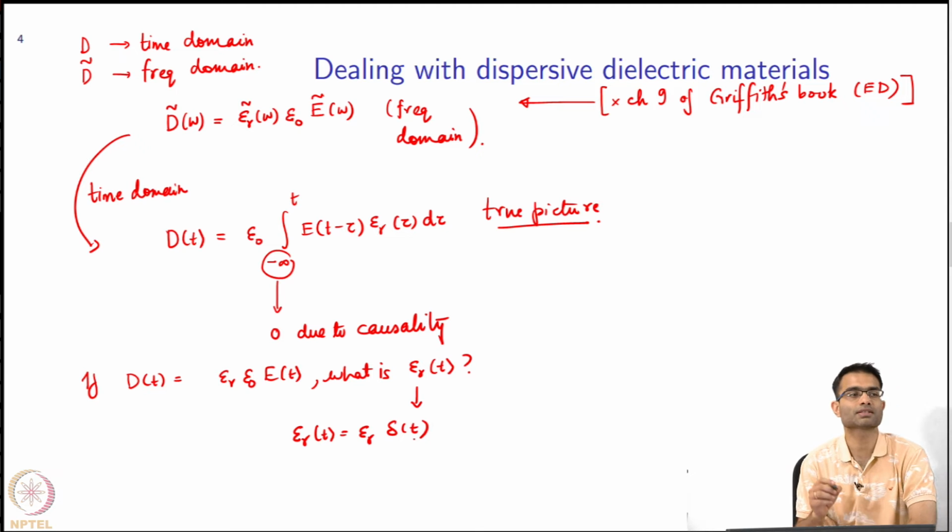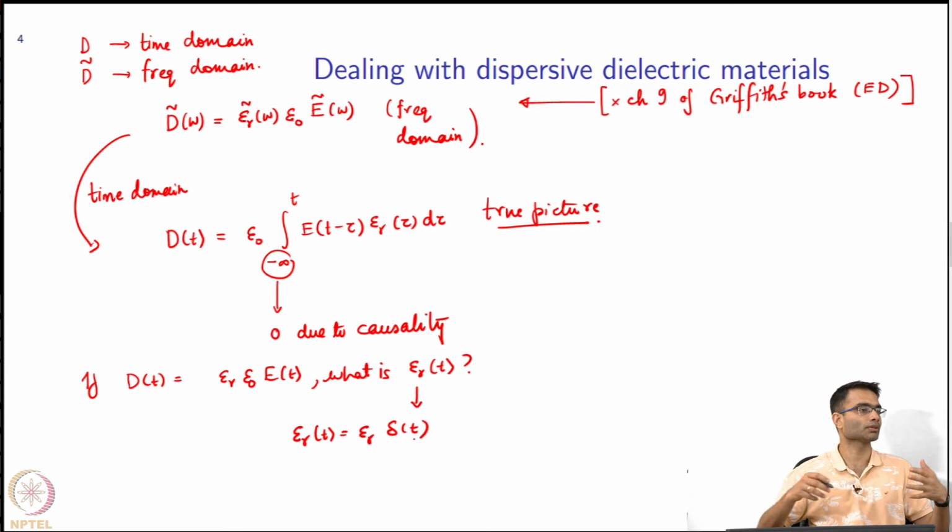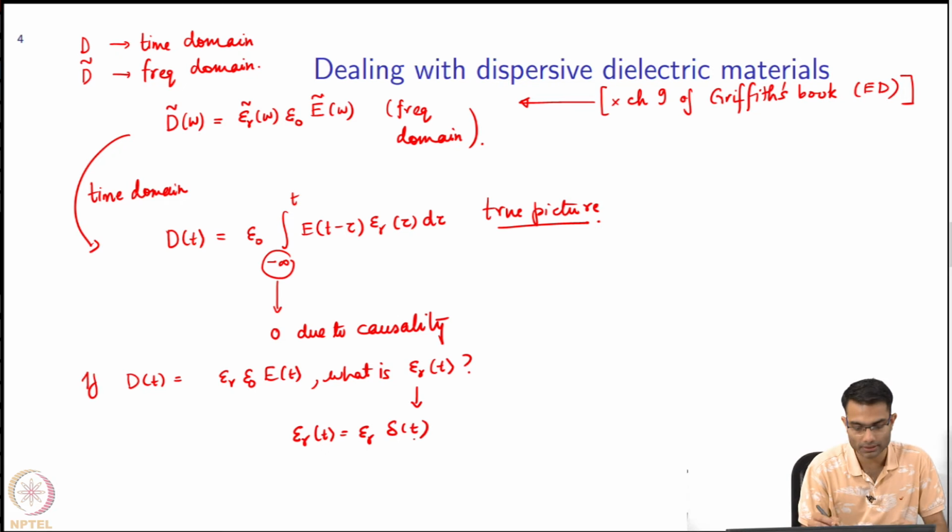So in other words, this is a material that reacts instantaneously to the incident radiation, because you can look at this convolution as the convolution of an impulse response with the input, right? And if the impulse response is a delta function, that means the response is instantaneous, which is unrealistic.